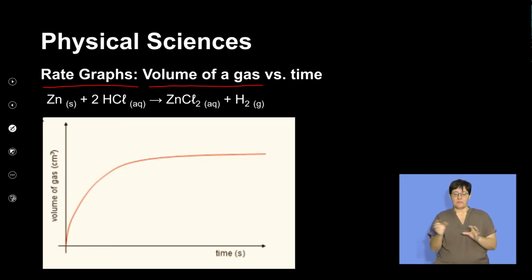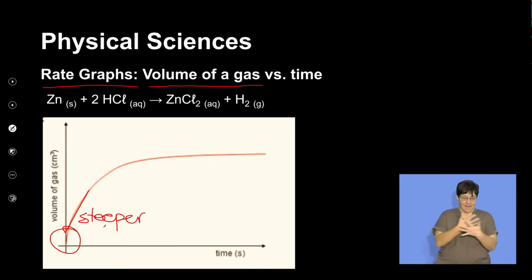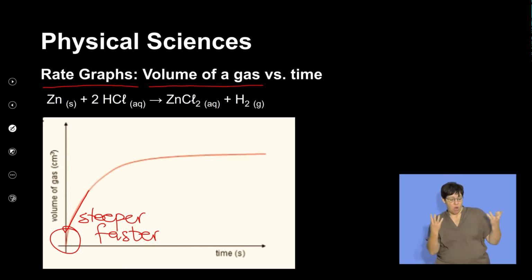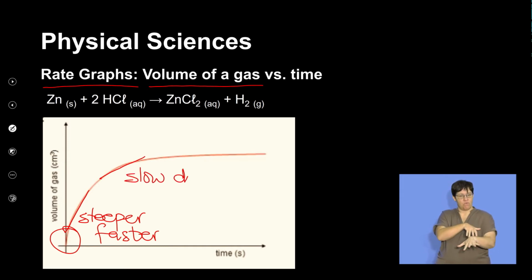At the beginning, we will have a steeper graph, meaning it is a faster reaction. And a faster reaction happens because there is a lot of reactant that react with each other. Over time, it becomes less steep, meaning it starts to slow down as we start to use up the reactant.